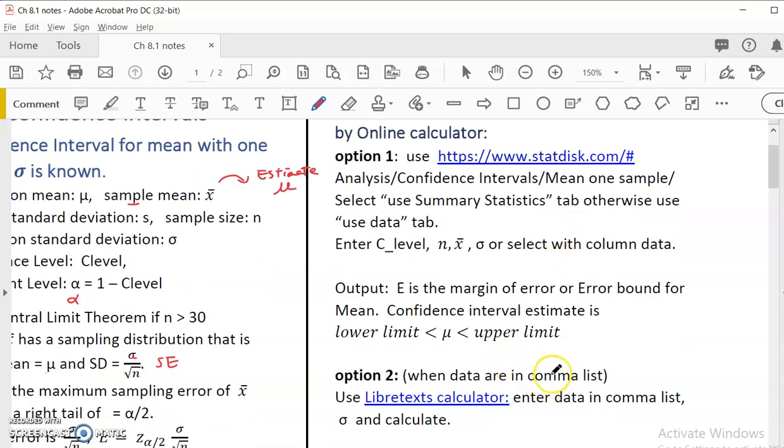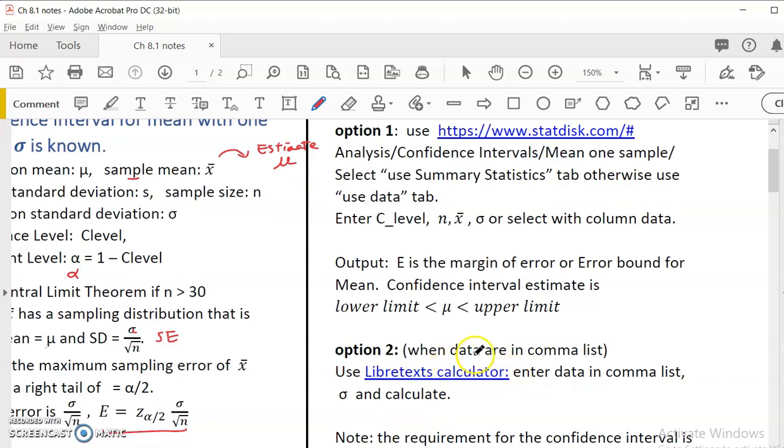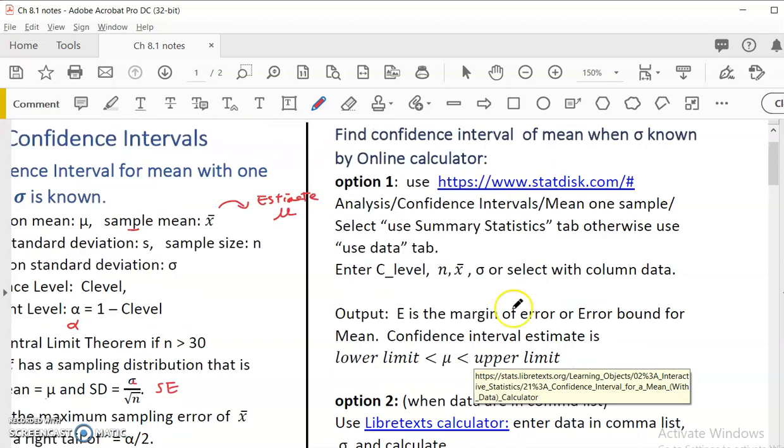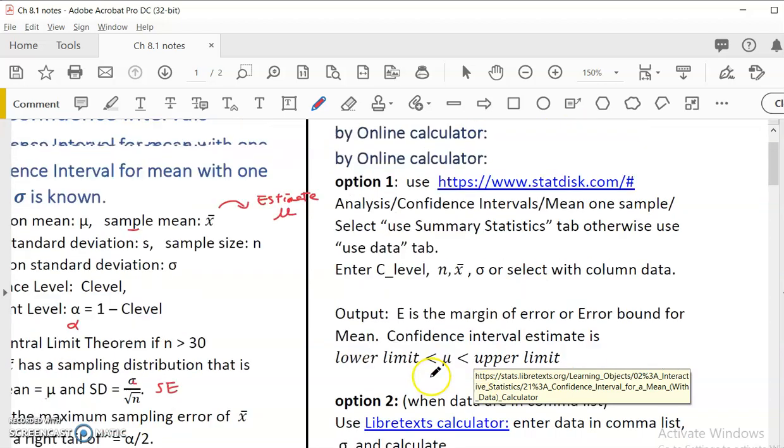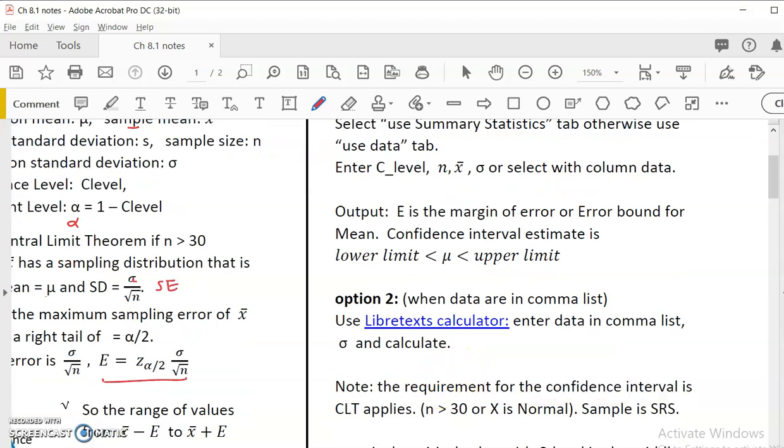And also, if I have data that I haven't summarized, I just have the data itself, we can also use statistics or the LibreText calculator. So when you have data, you can continue to use statistics or LibreText data. When do you use it? You would use it if the data is in comma list form.